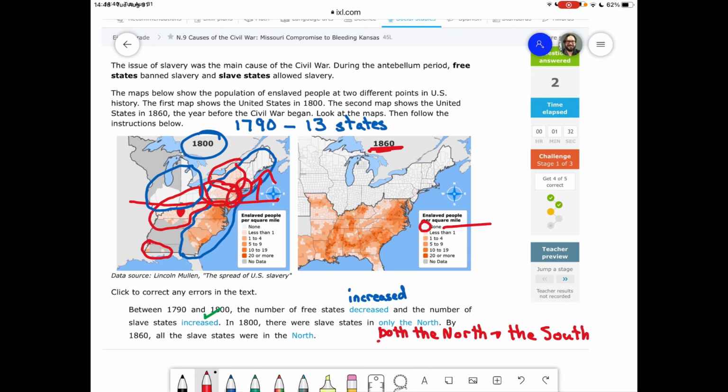If you look closely, almost the entire North, or pretty much the entire North, is free. There are no enslaved people. All of the slave states, entire states that still allowed slavery, were found in the southern states. So all slave states in the North? No, they were in the South.